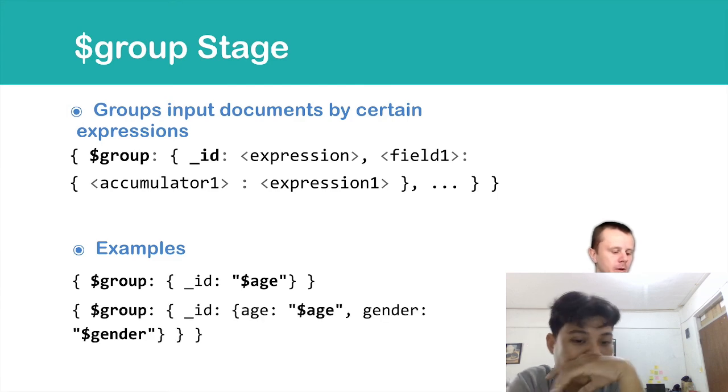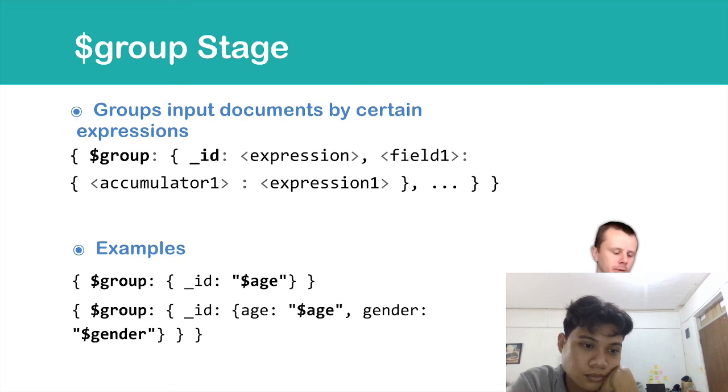Next example: group, then _id, then colon, and instead of just one expression, we pass here an object with two key value pairs, age: $h, and gender: $gender. It means that we will group by pairs, age and gender.